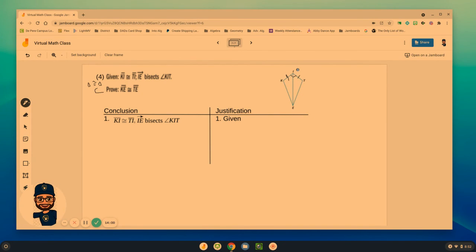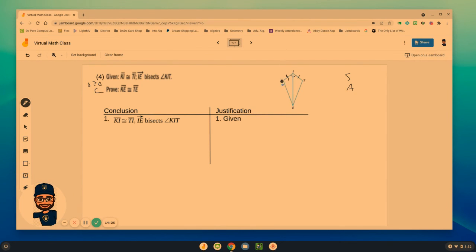That means I need another side to be congruent, or I need another angle to be congruent. Well, we don't know anything else about this shape. Yeah, it looks like a kite, but it doesn't tell us that. So I don't know anything yet.